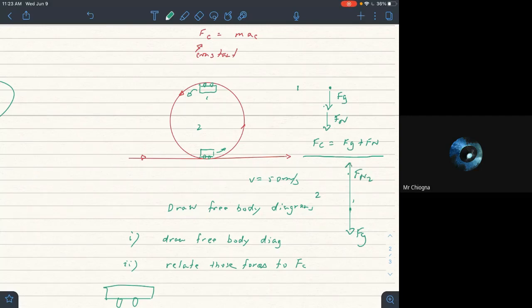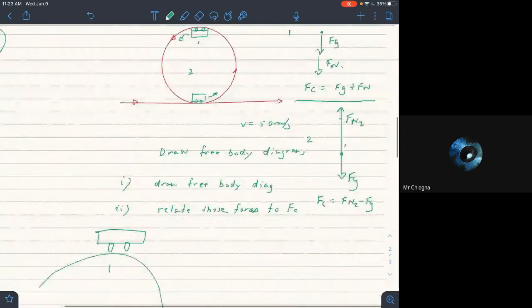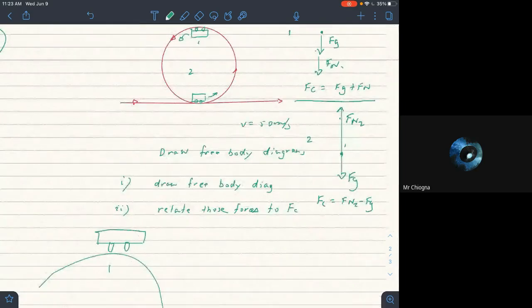This is Fn1. So the centripetal force in this case is Fn2 minus Fg. Okay, and they are equal. This Fc is the same as this Fc. They're equal. What are they both equal to?